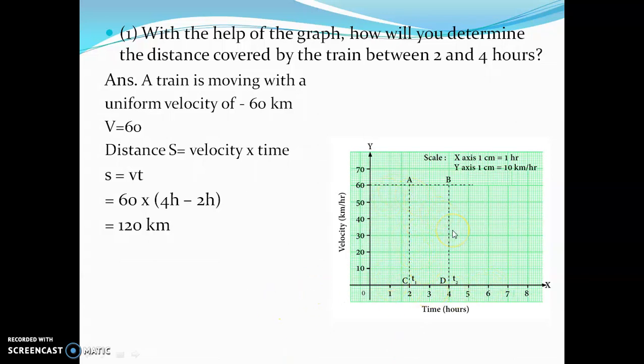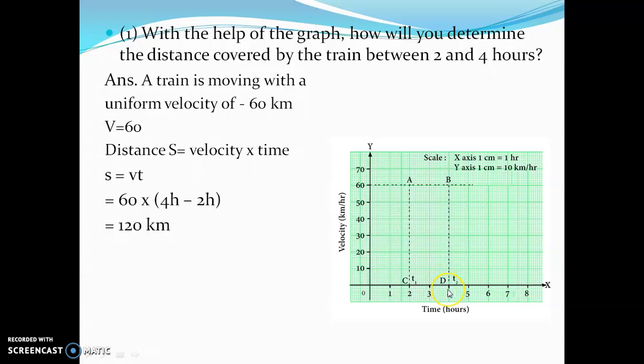That means this is the distance. As the train is moving with a uniform velocity of 60 km/h, velocity V is equal to 60. Distance, which is denoted by the symbol S, the formula is distance equals velocity into time. That is, S = V × T, where V, or velocity, is equal to 60, multiplied by time.